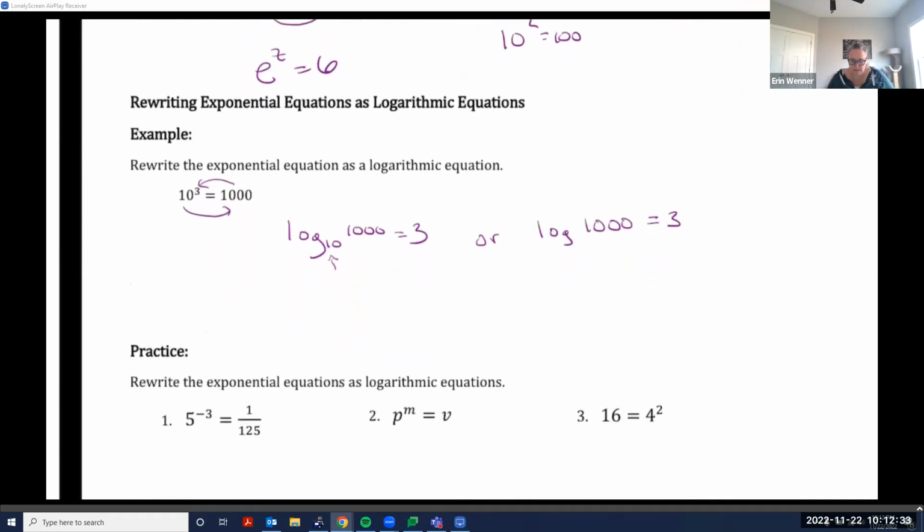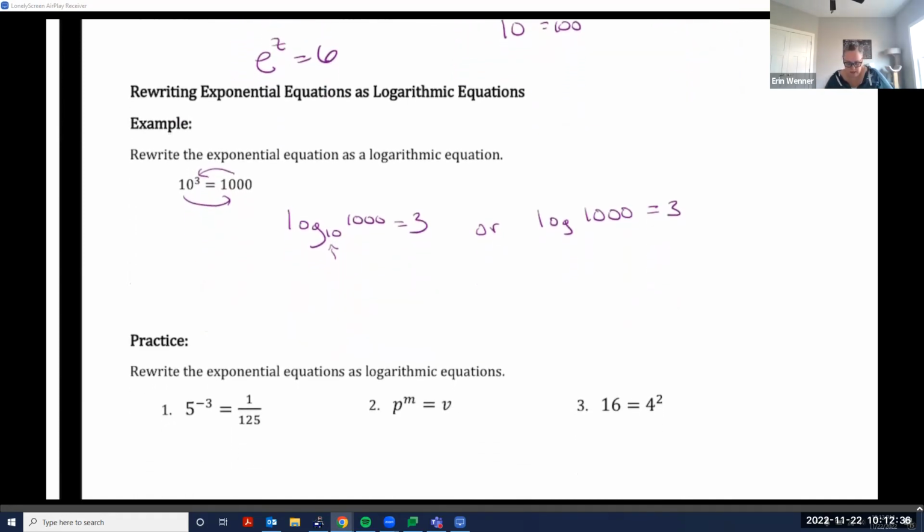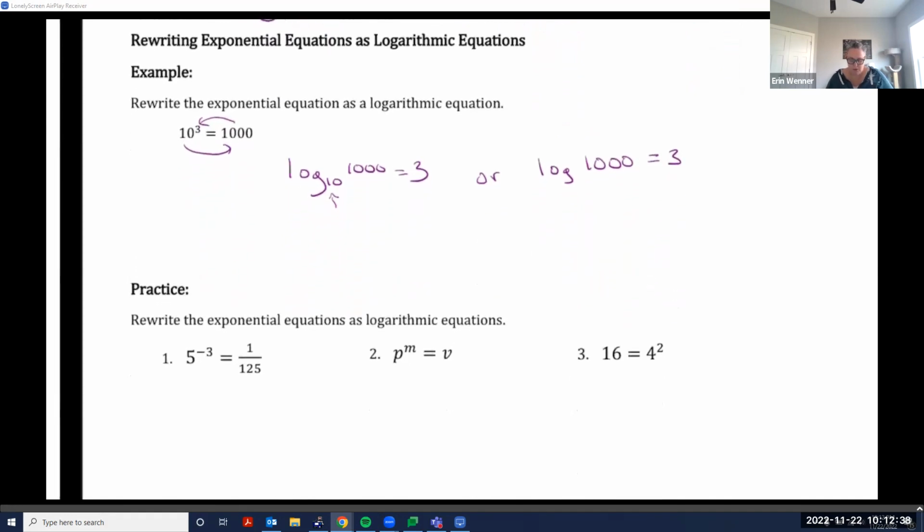Now, it's really difficult to send me these in a direct message. What I want you to do, if you were to send this to me, is log, then an underscore 10, then 1,000 and equals 3, because I know what you're trying to say. I don't want you to think that this is multiplying these together.